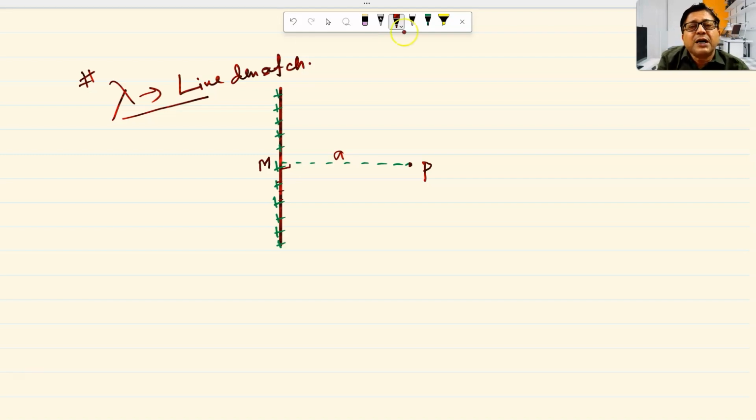So if this is our elementary portion, AB, its angular position with respect to the point P, and this end's angular position with respect to the point P, are theta and theta plus d theta respectively. This is a small angle.